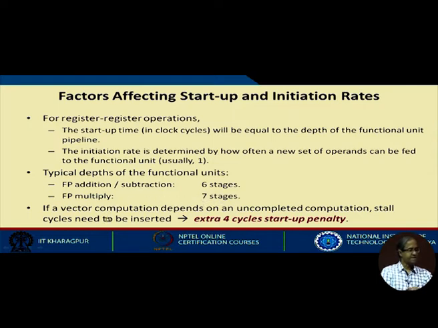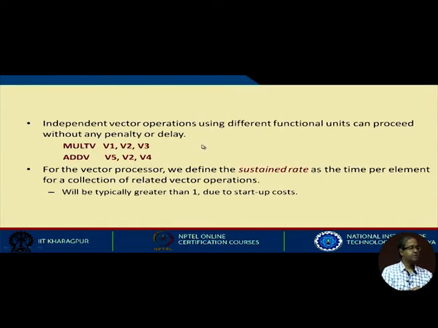But if there is any dependency between vector operations, that means if a computation depends on an uncompleted computation due to a previous instruction, then some stall cycles may need to be inserted, typically an extra 4 cycles. These are some very typical values, this can vary of course. Let us take an example where the operands are all independent.